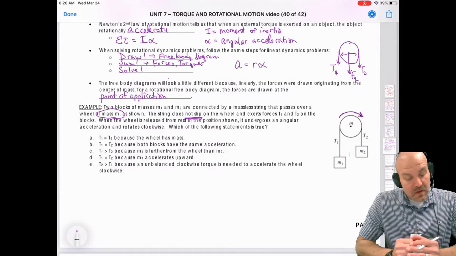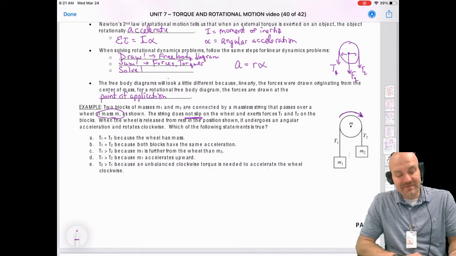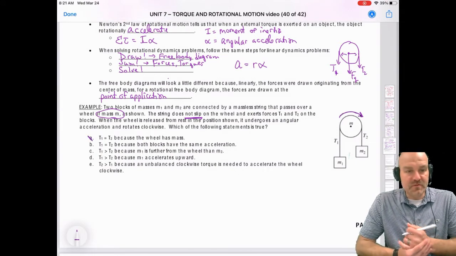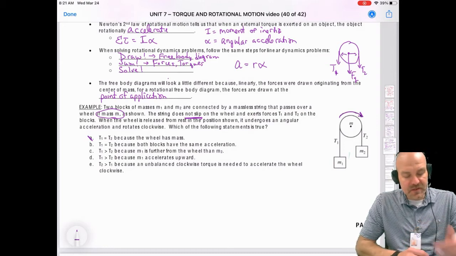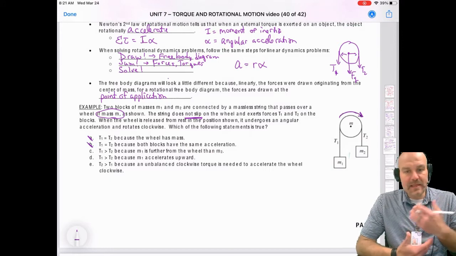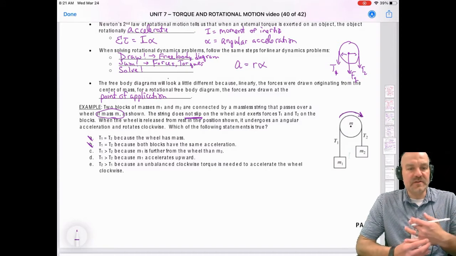The first choice says T1 equals T2 because the wheel has mass. That has nothing to do with causing the rotational motion. In fact, if T1 and T2 are equal, there would be no motion. Next, T1 and T2 equal because both blocks have the same acceleration. If they both have the same acceleration, you know there's going to be a difference because there is an angular acceleration happening.